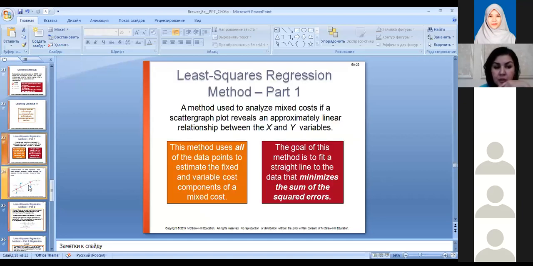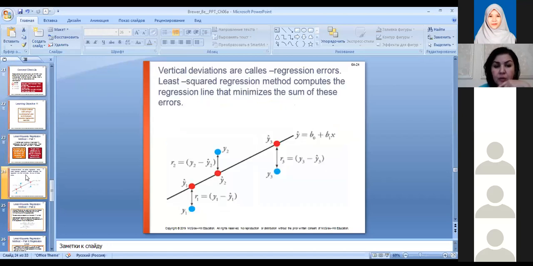You see different points here, we have points y1, y2, 3, 4, and so on, and the line which minimizes the sum of the errors.